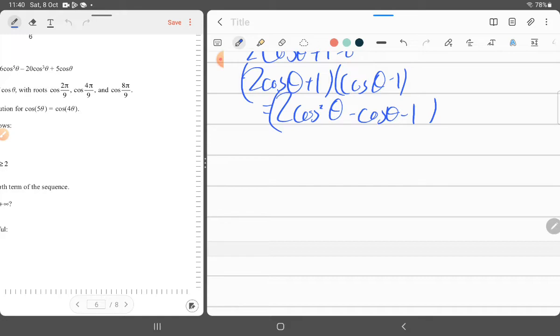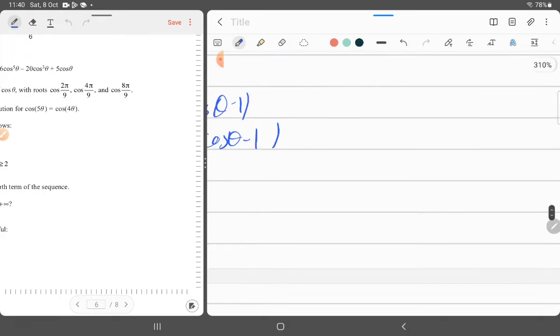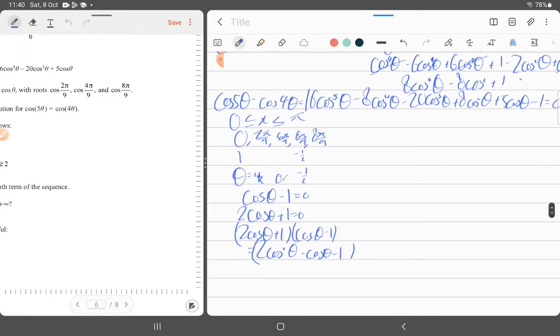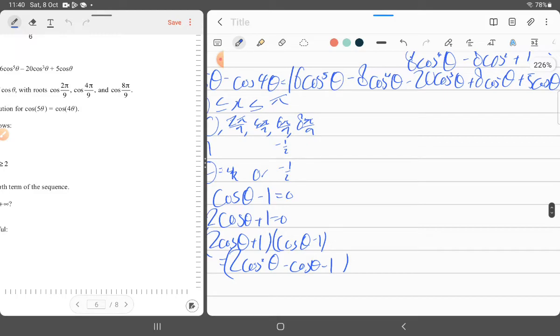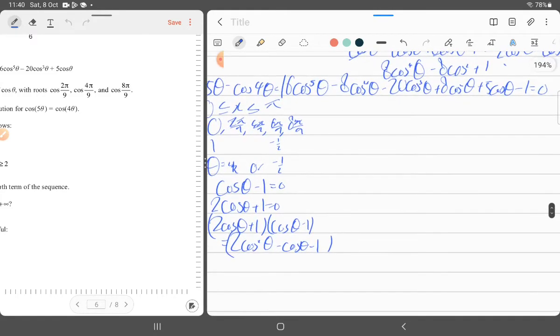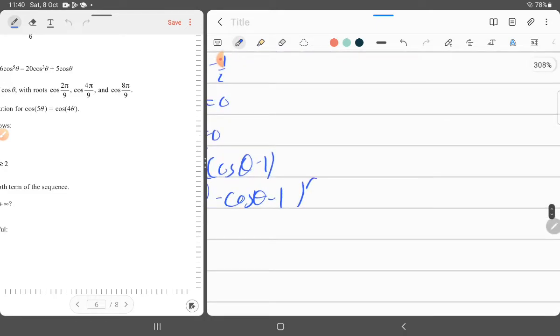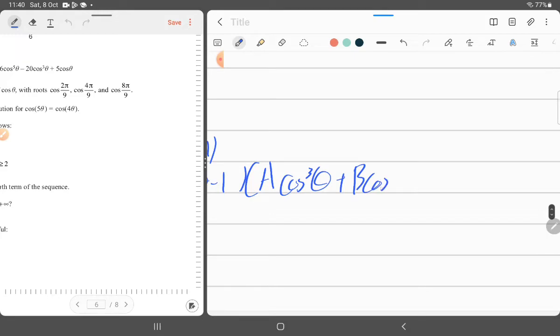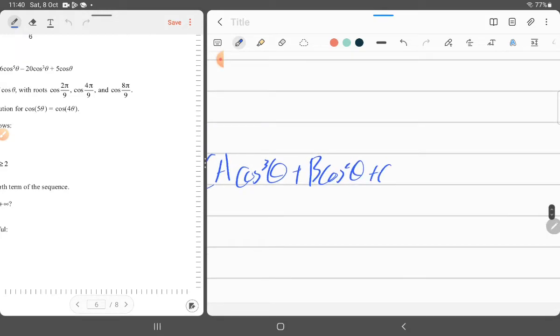Then right, if we multiply this out by another cosine cubed theta plus b cosine squared theta plus c cosine theta plus d.